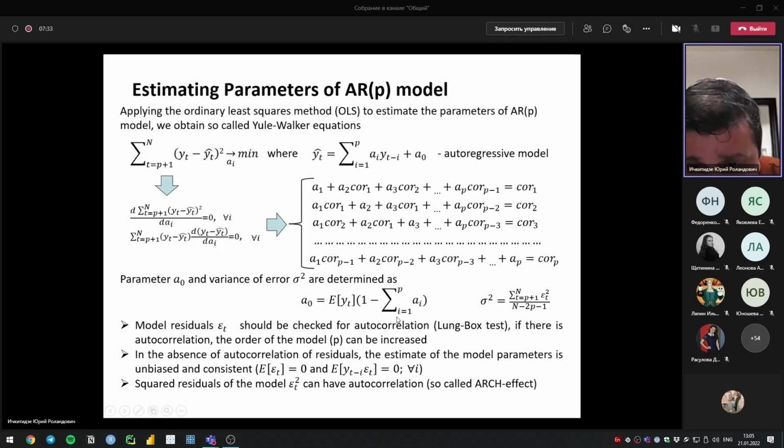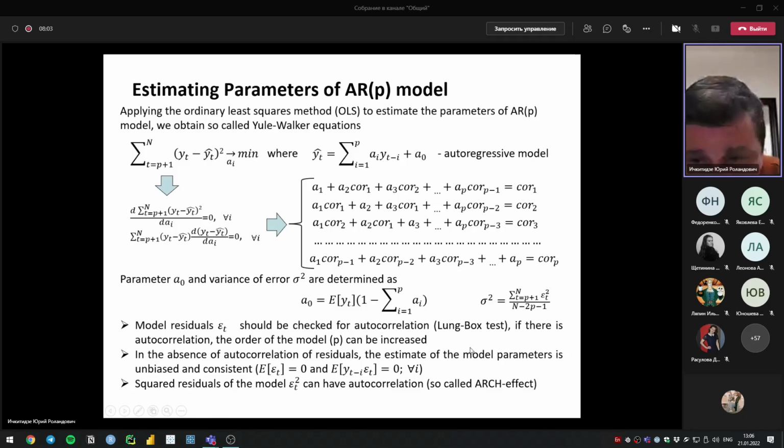These are autoregression coefficients determined by this equation. This is the error variance. It is considered as a sample variance due to model error. Model error is our original observed values minus the model itself.